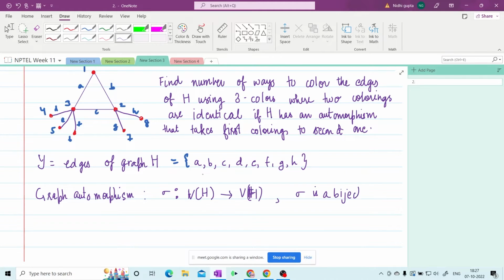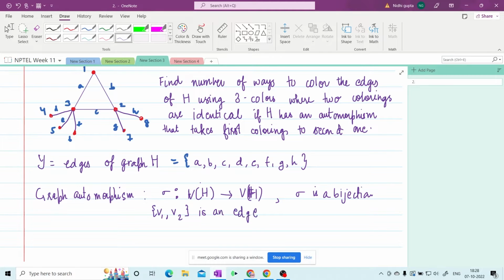Moreover, not any function will work. Since it is a graph, it has a set of vertices and a set of edges. So to define a graph automorphism, first we need a map from vertices of H to vertices of H, and secondly we want that an edge should go to an edge.